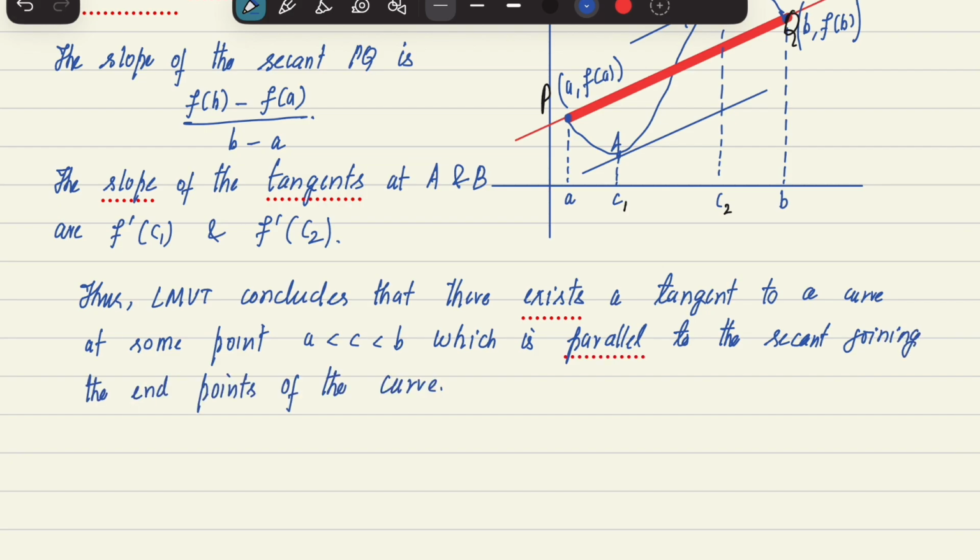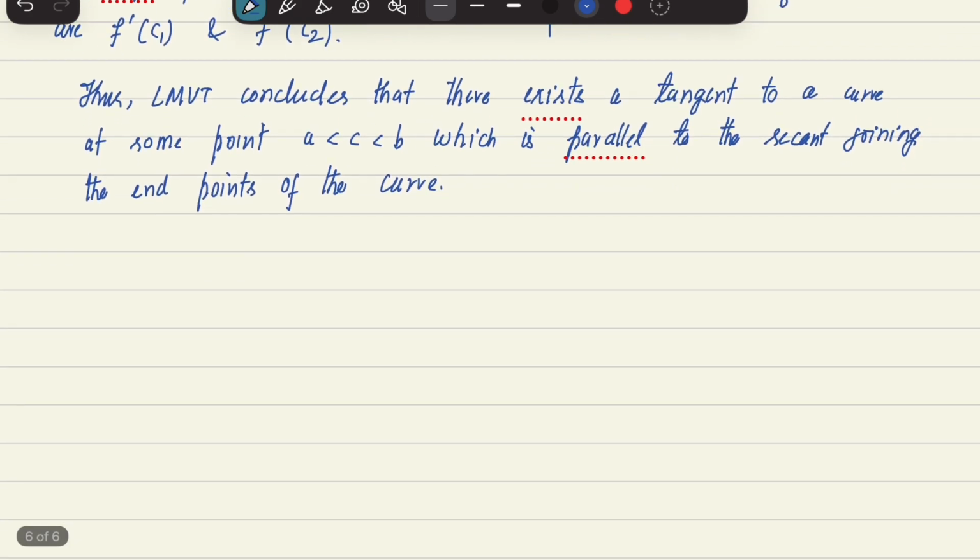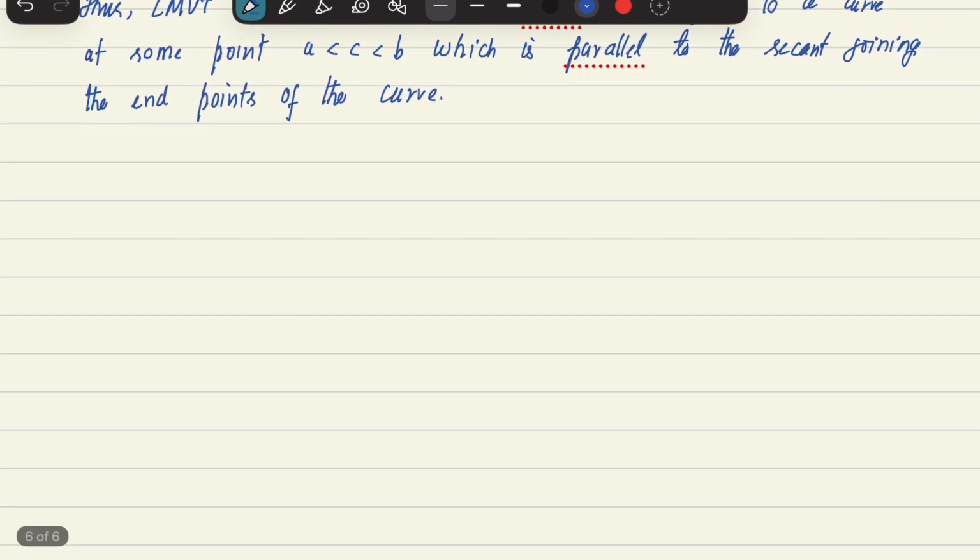So with this we conclude the geometrical interpretation of Lagrange's mean value theorem. Now we shall discuss one example.